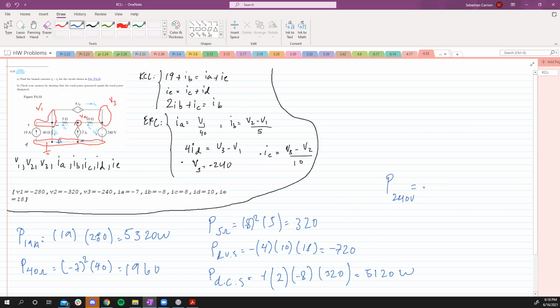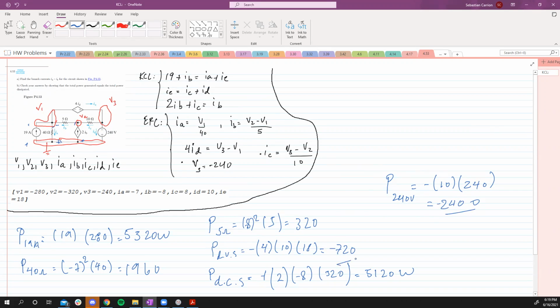And then now we're missing the 240 volt source. We know that it's leaving the positive terminal, so we automatically start with the negative side. We know ID is 10, and the voltage, 0 minus negative 240, is 240, so it's generating.